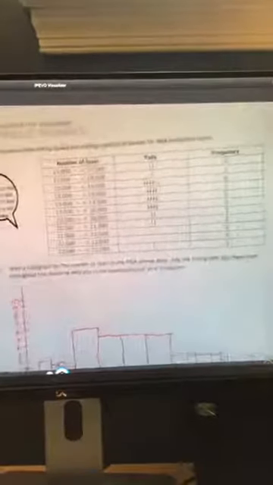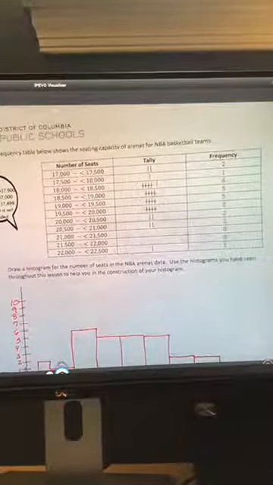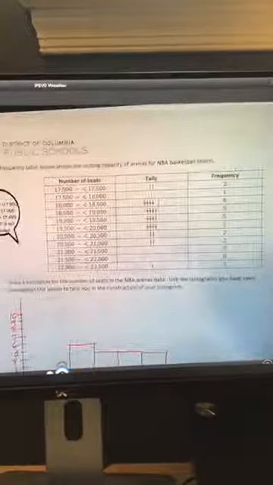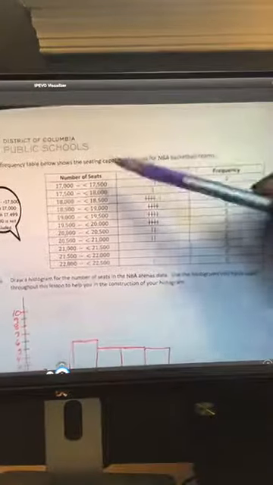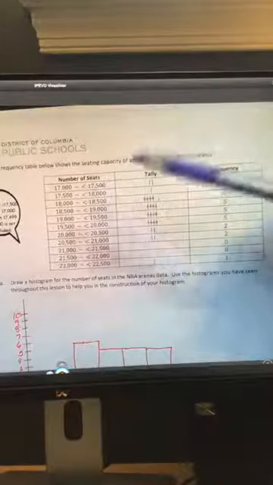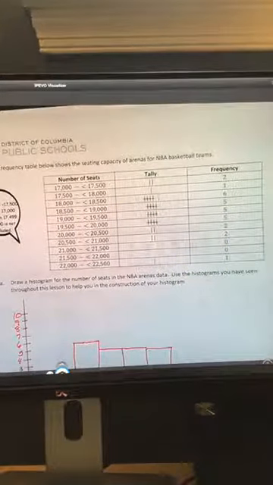So I'm going to move the camera up a little bit just because we need to be able to see the whole chart now. Okay, so now we're going to look at another histogram and another different set of data. Okay, so this frequency table shows me for different sporting arenas, how many people can they hold?